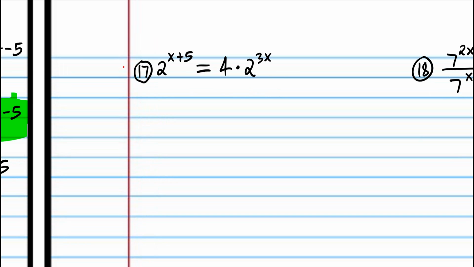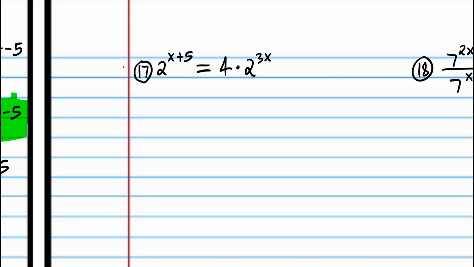Now, a lot of students think that you can take this 4 and 2 and just multiply them and get 8 to the 3x. But we can't do that because these numbers, they don't have the same base. If you wrote 4 to the 1 power, for example, you see that we don't have the same base. You can only combine those if you have the same base.